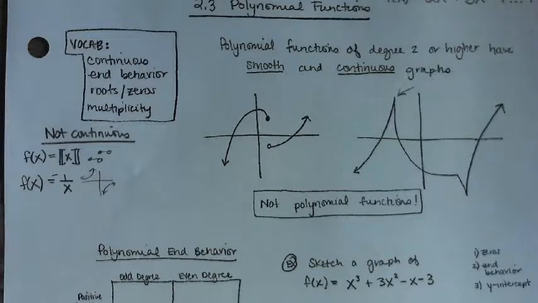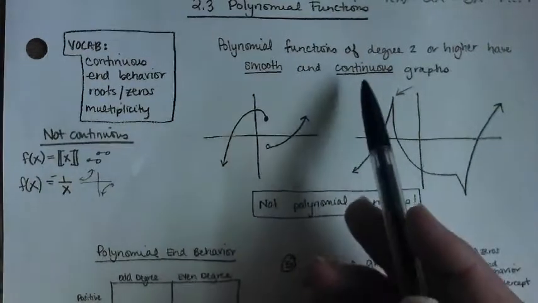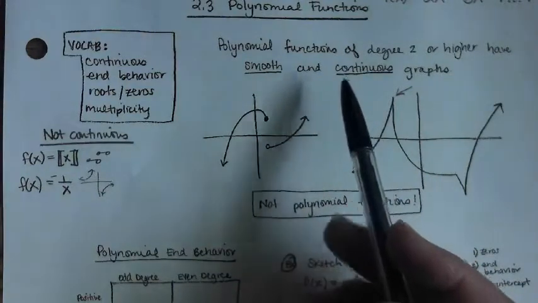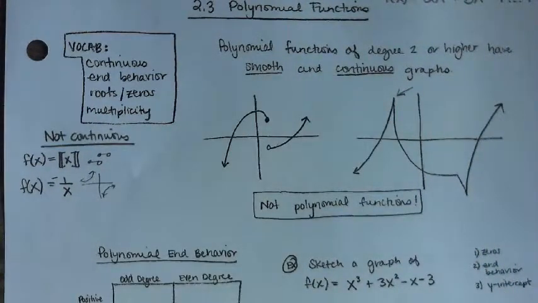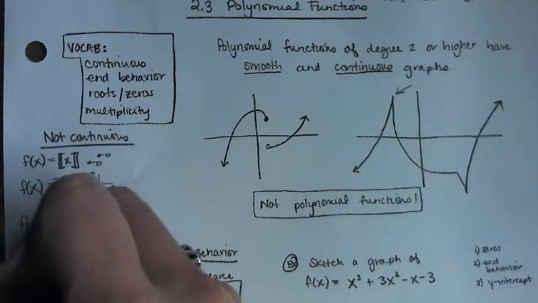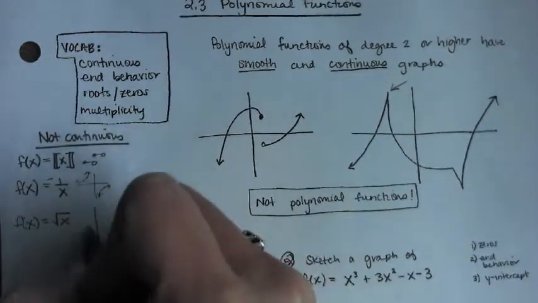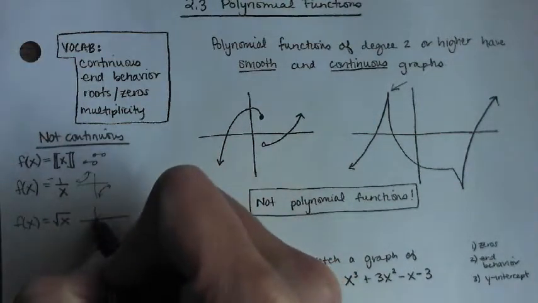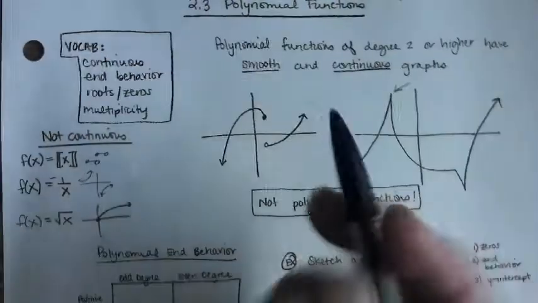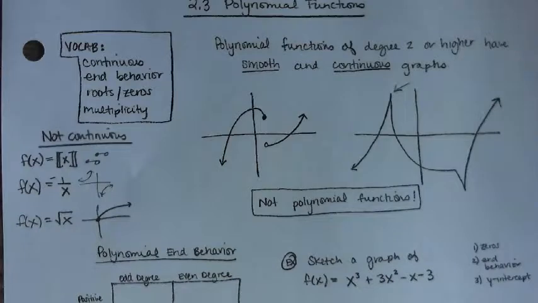There are things that are smooth and continuous, but aren't polynomials as well. What's smooth and continuous but it's not a polynomial? Yeah, a radical. So you've got these examples that they still qualify as smooth and continuous, but they're not polynomials.